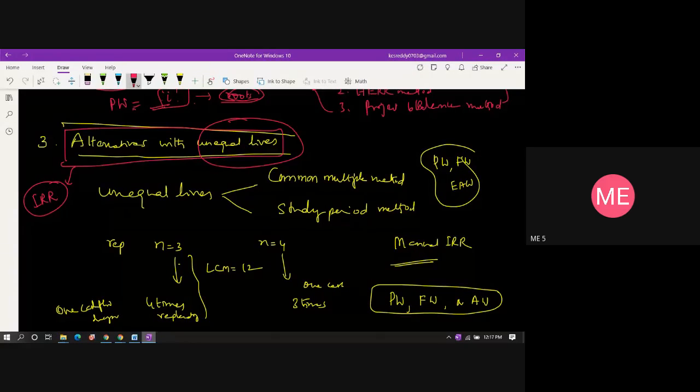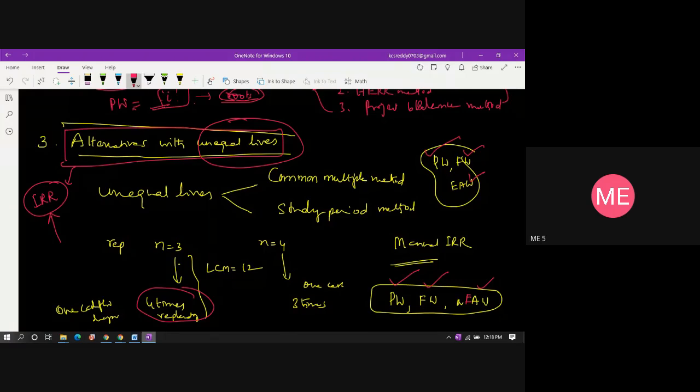You can use either present worth, future worth, or equated annuity worth, so that we can choose the best alternative. Because of the replication of the cash flow diagrams, it is very difficult to go with IRR calculations. That is why, as an alternative, we use present worth, future worth, or equated annuity worth calculations. So these are the 3 misconceptions in IRR calculations.